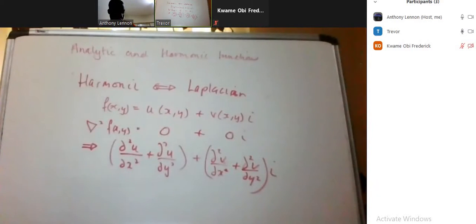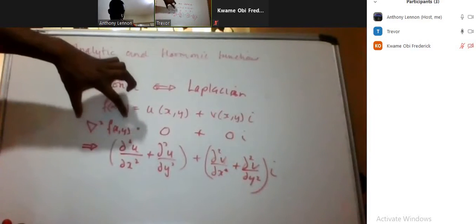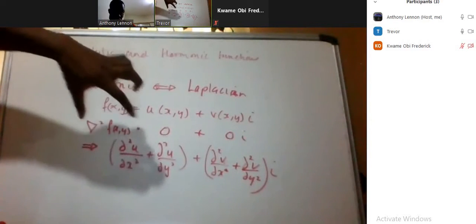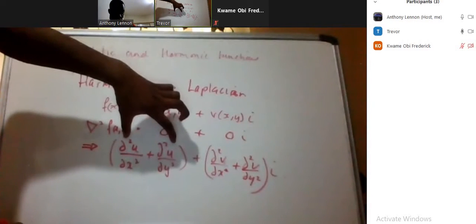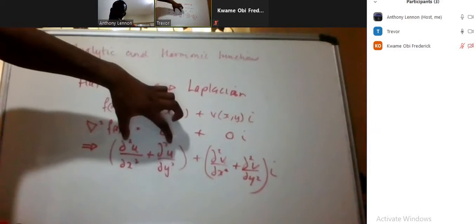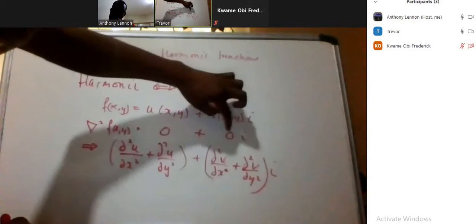So it's an important thing that the del squared operator on a harmonic function means both when you apply the del squared operator on here, it's equal to 0, and here it's equal to 0.